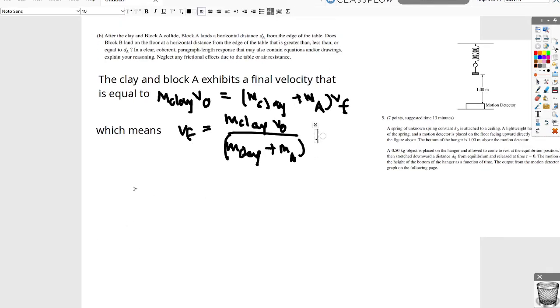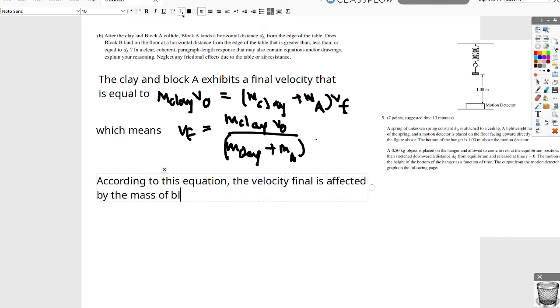Alright, so when you see this equation, according to this equation, the velocity final is affected by the mass of block A. It is inversely proportional to the mass of the clay plus the mass of block A. And this decreases the velocity final.